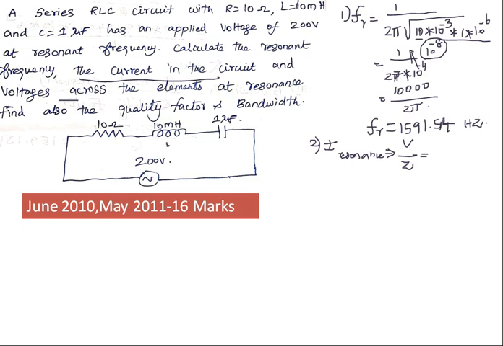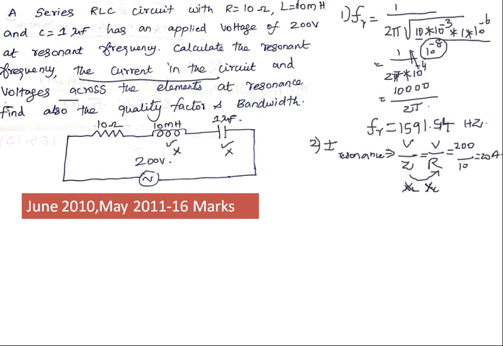Even though the inductance and capacitance are present in the circuit, their effects are absent, hence you should ignore the effect of inductance as well as capacitance. So I is equal to V by R only, because at resonance an AC circuit behaves exactly like a DC circuit. Hence XL will be ignored, XC will also be ignored. V by R is equal to 200 divided by 10, which is equal to 20 ampere.